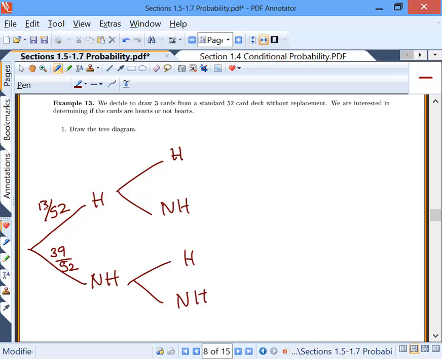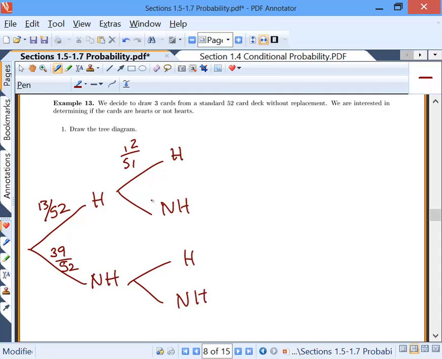Now if I drew a hearts card the first time, what is my probability of getting a hearts the second time? 12 out of 51, because I already drew out 1 heart, so there's 1 less heart and 1 less card overall. What about not hearts? How many not hearts are left?